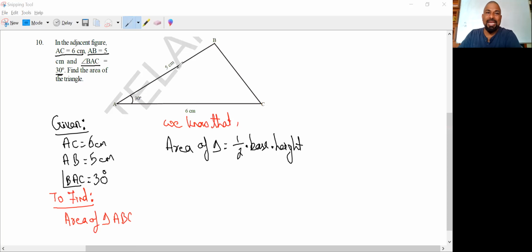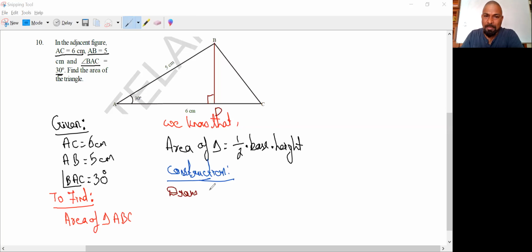So to make it a right angle triangle, let us do some construction, so that we can convert the given triangle in terms of a right angle triangle. For the sake of construction, we are drawing a straight line.